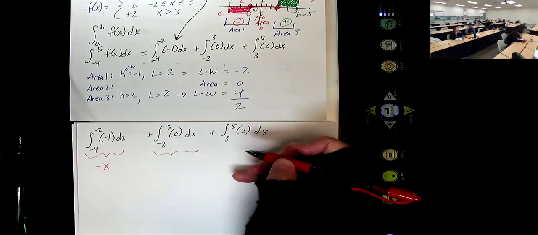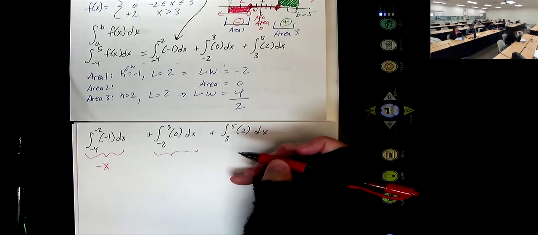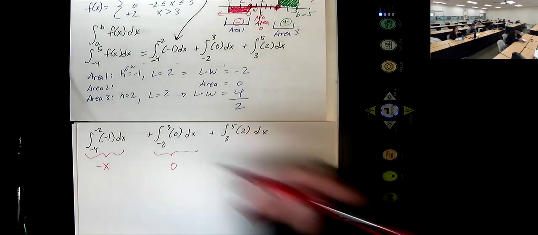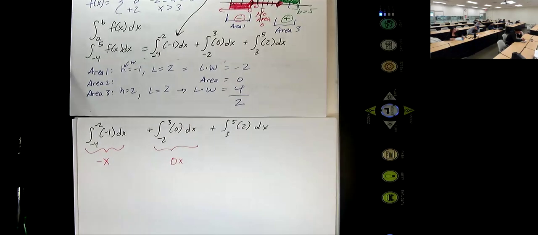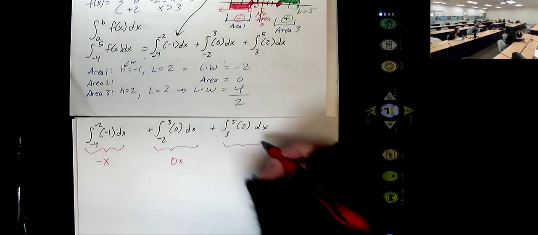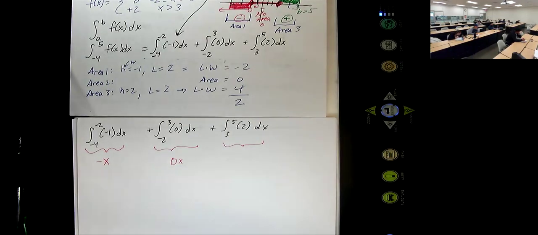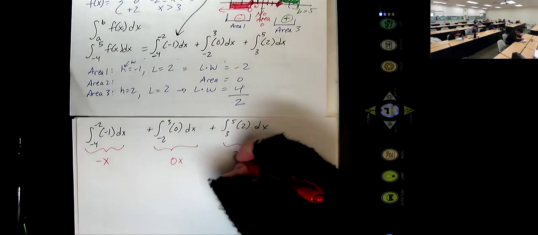If I add an x to this, I still have 0x, so that's just still 0. But if it helps, put the 0x so you see it. And if I do this one, 2x.